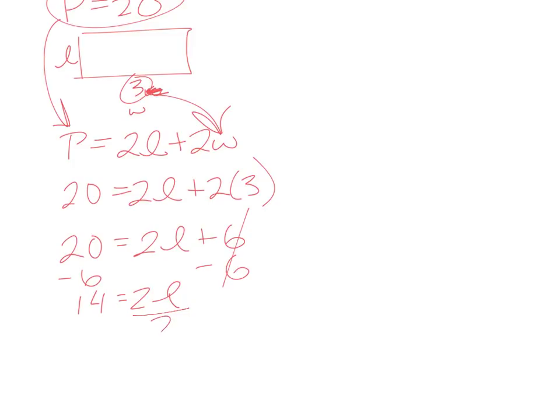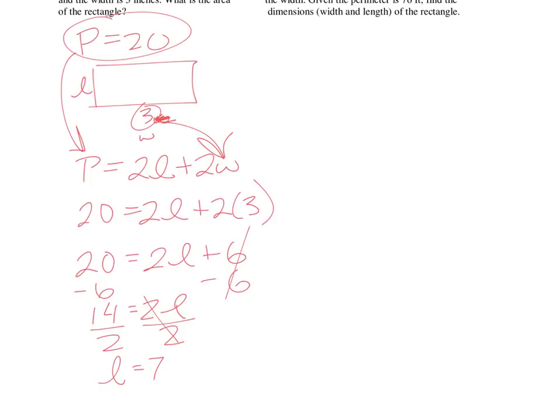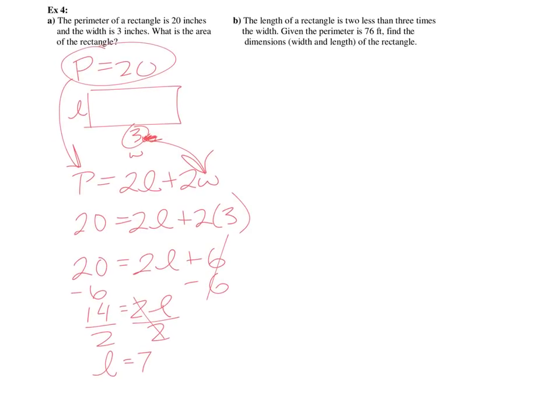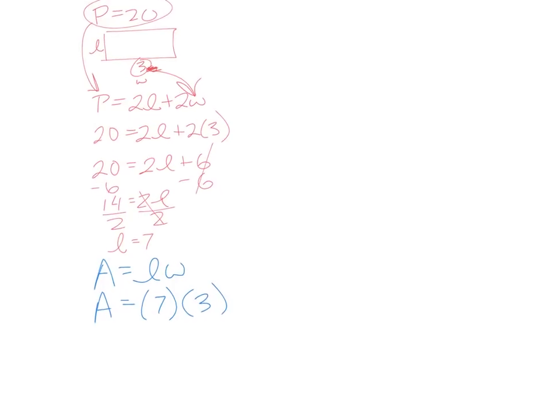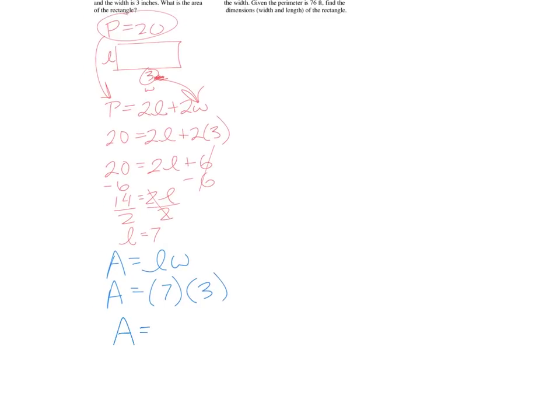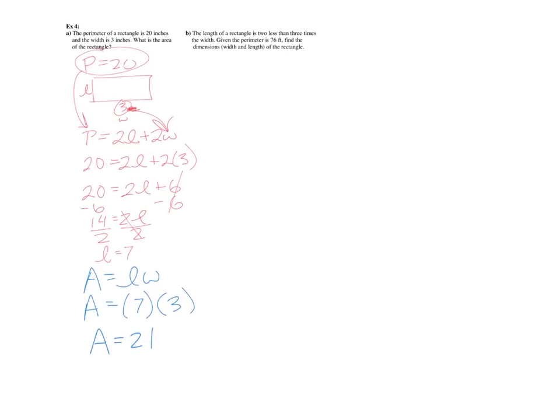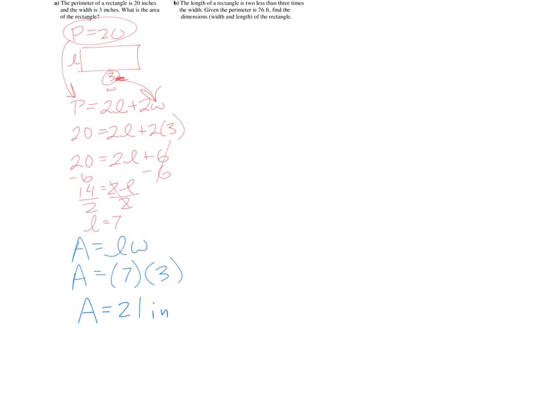Then I divide by 2, and L is equal to 7. All right, so if I want to figure out the area of this rectangle, area is equal to length times width. So I have the length, which is 7, and the width, which is 3. So I end up with 21. It's going to be 21 inches squared. All right, done with this one.